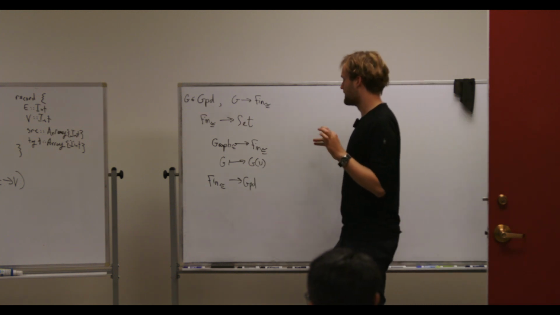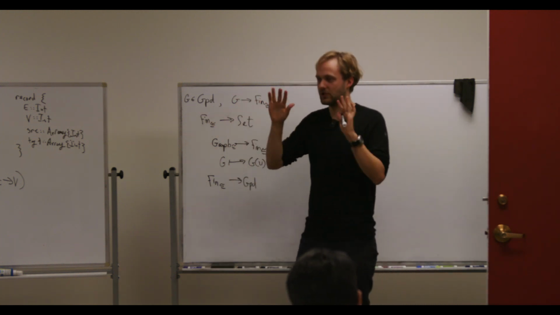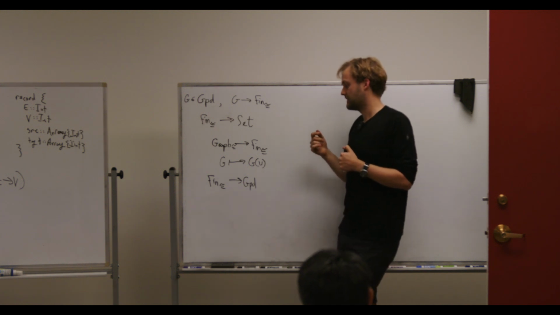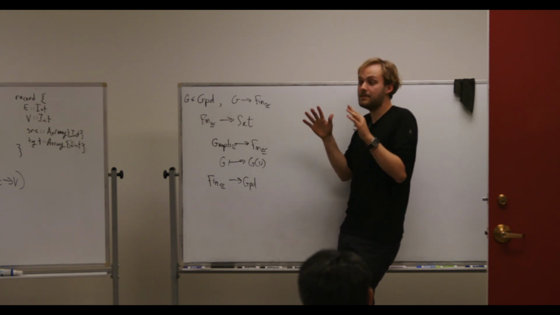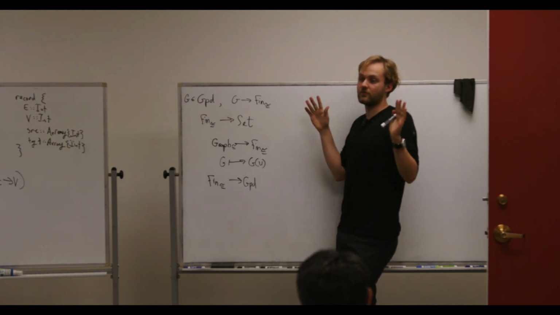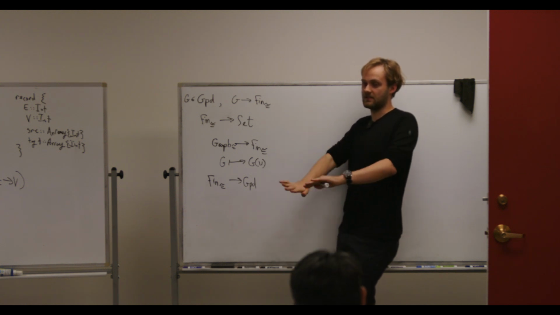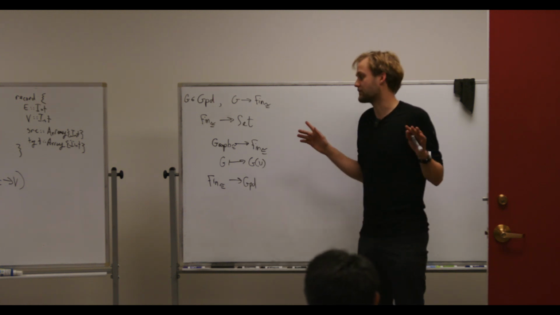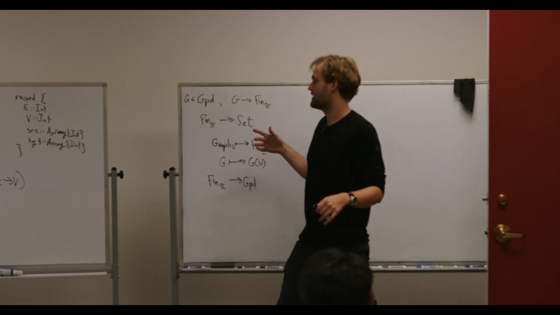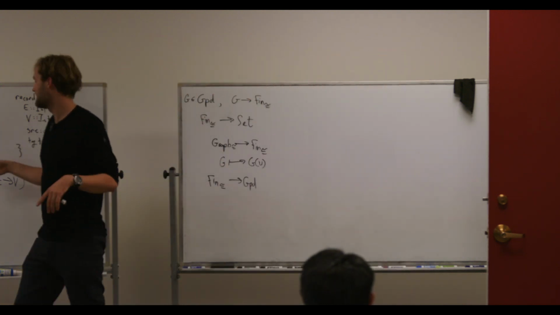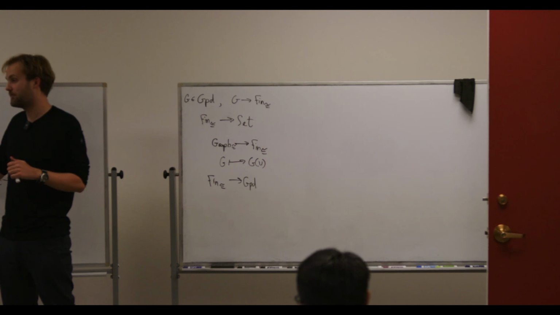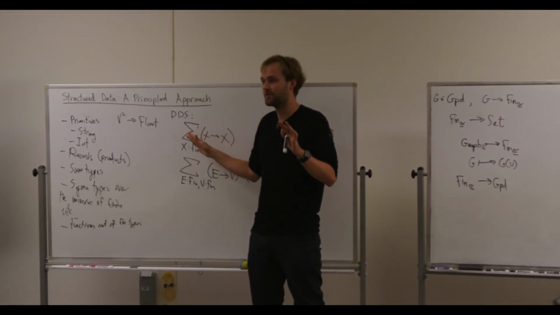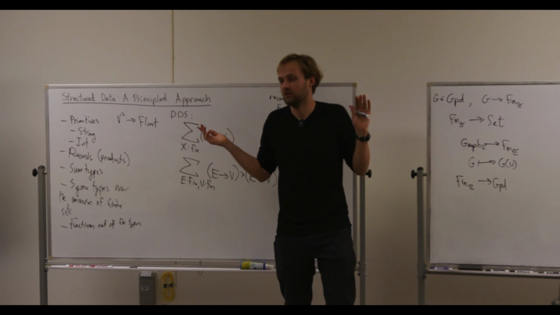So this is the reason why I'm just doing groupoids here. I'm thinking of this as foundational, and when you take a sigma type over a finite type, there's always a natural groupoid here, but there may not be a natural category.